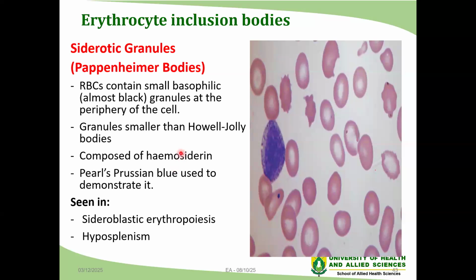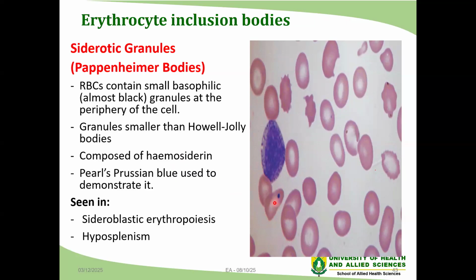Iron in the form of hemosiderin is what forms these bodies. And so you can use the Perls' Prussian blue stain to demonstrate the presence of these Pappenheimer bodies.